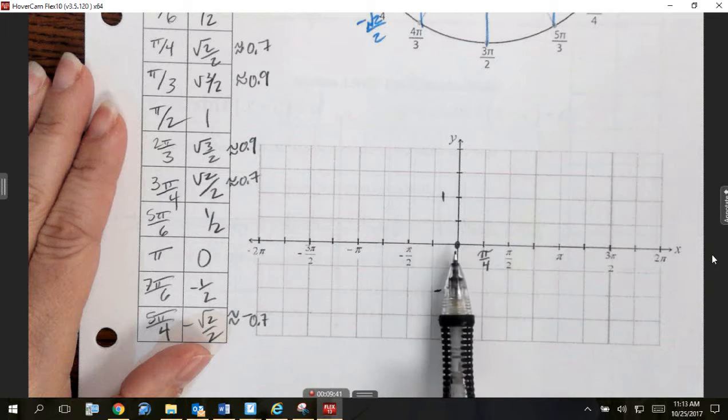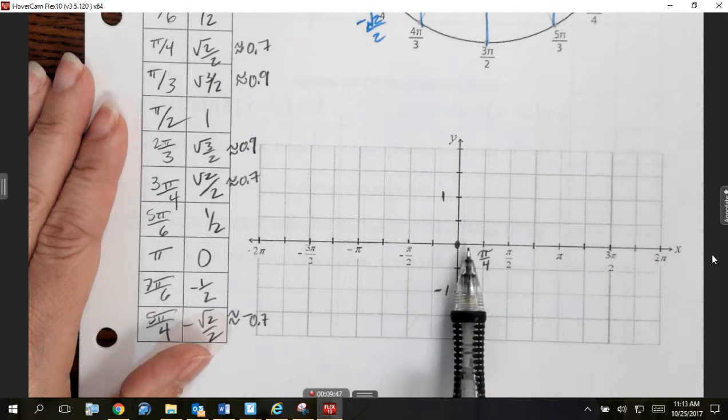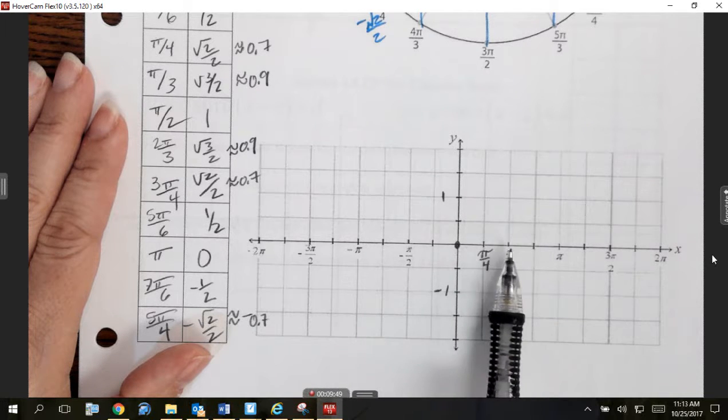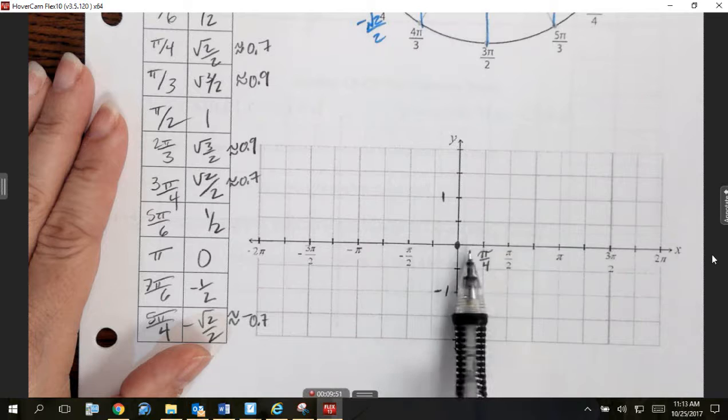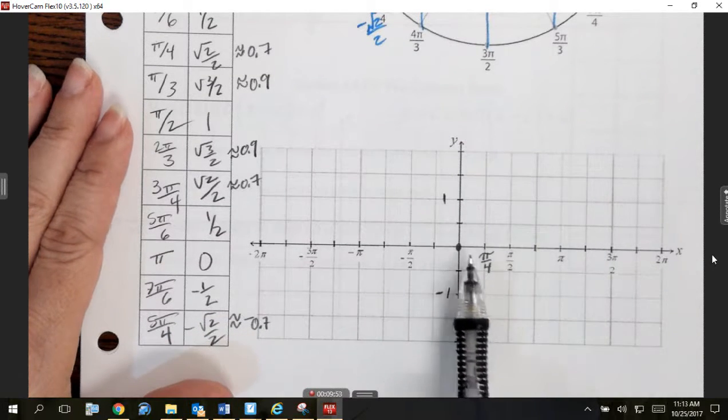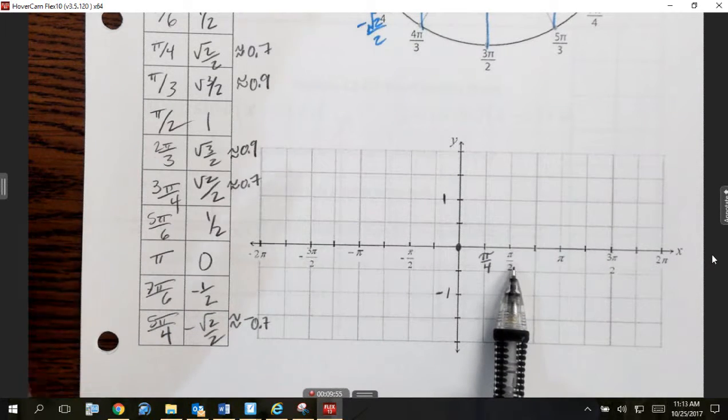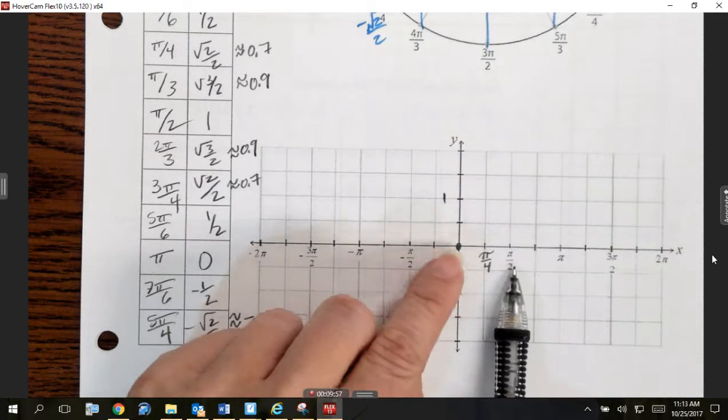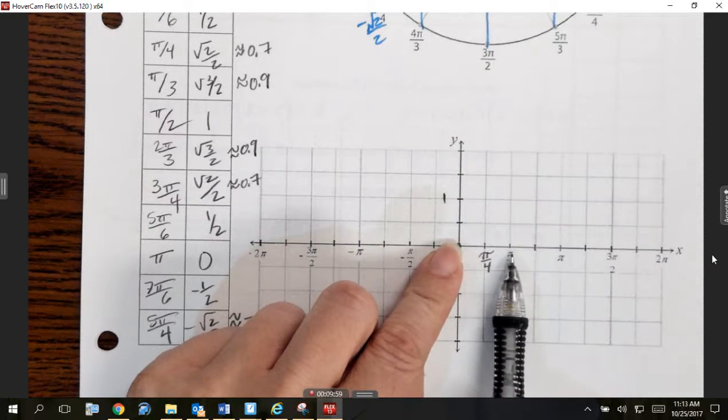How many pi over 6's fit between 0 and pi over 2? Let's think about angles. Between 0 and, what's pi over 2 in degrees? 90. So between 0 and 90, pi over 6 is how much? 30.